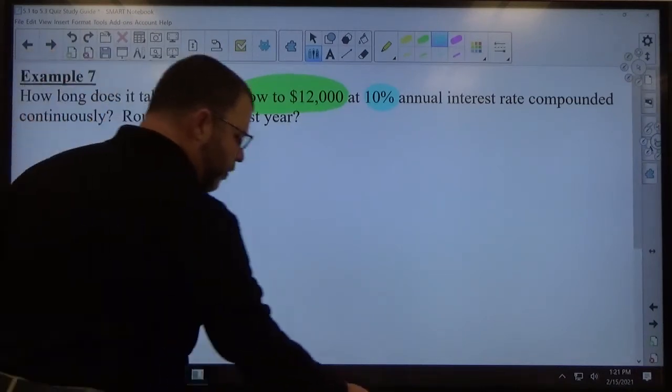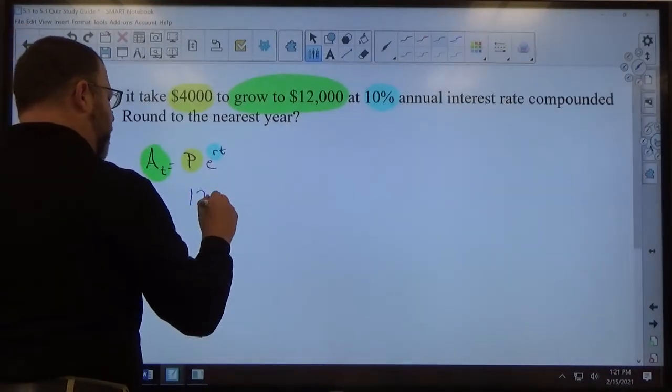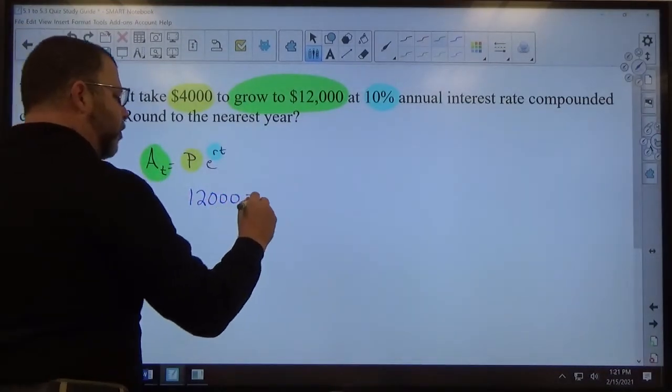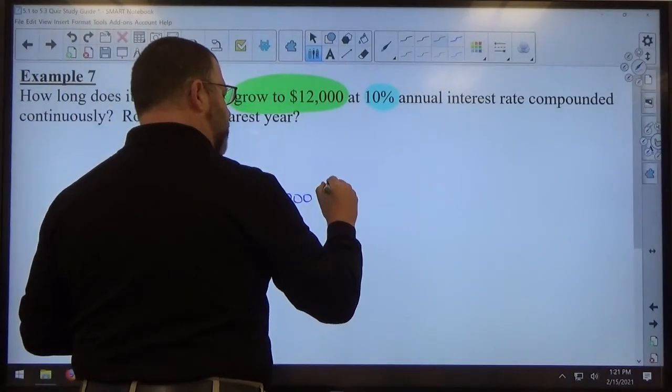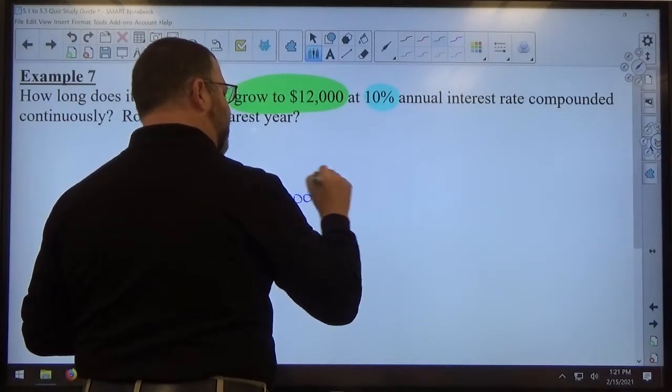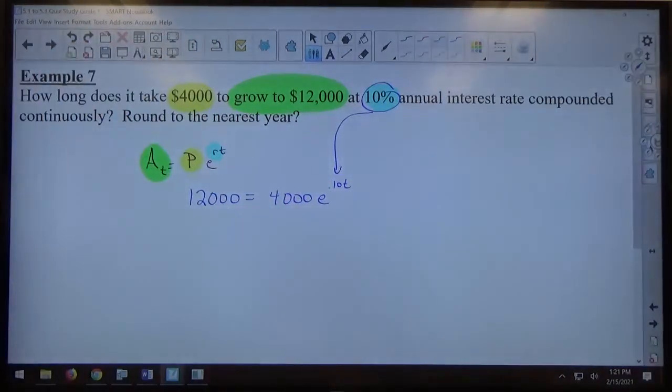So if I start substituting what they've told me into this problem, we're ending up with $12,000 after first investing $4,000. That's being multiplied by e to the 0.10t, because 10% as a decimal is 0.10. We're investing at a 10% interest rate for an unspecified amount of years, and we're trying to make $4,000 become $12,000.